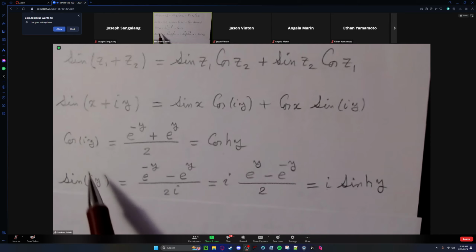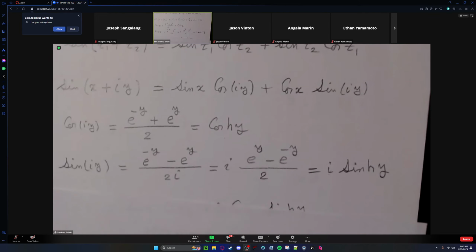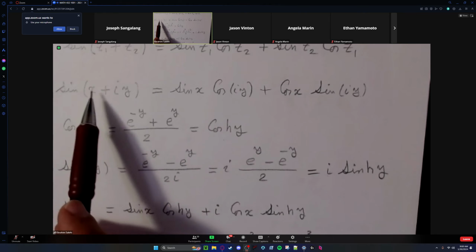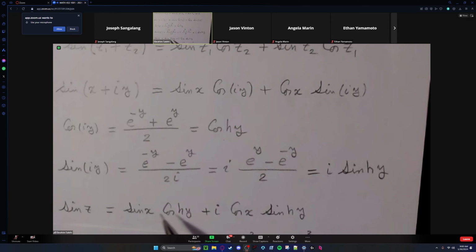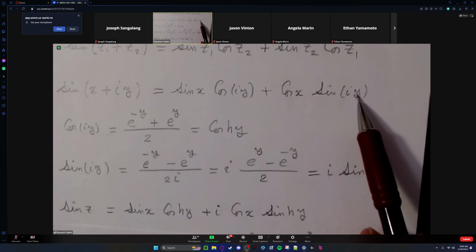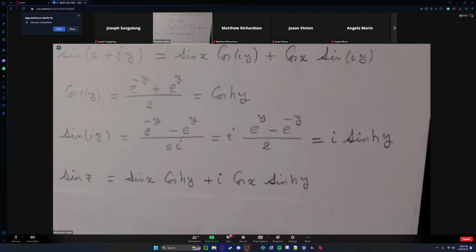So we are going to use these two in this equation. So sine of z, x plus iy, is sine of x cosine hyperbolic of y plus i cosine of x sine hyperbolic of y. So this is i. That's why we have i. Good. Very interesting formula.